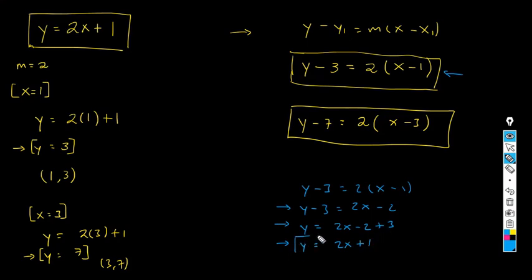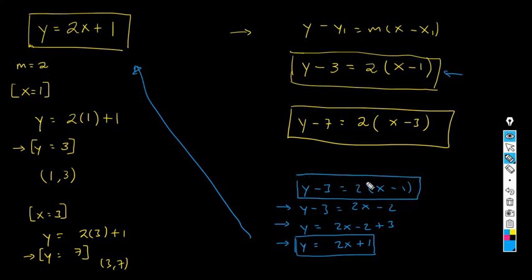So as you can see, we got back to the original equation, which was that. Okay, so I have proven to you that this equation is in fact the same as that equation, which was the one at the beginning. So that's how you go from the point slope form into the slope intercept form.